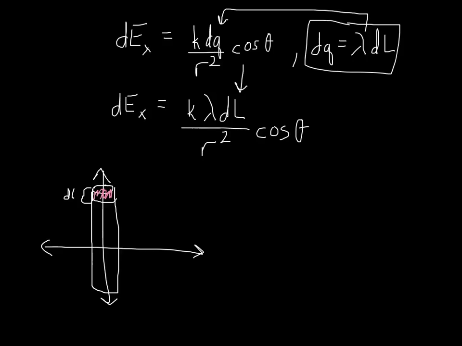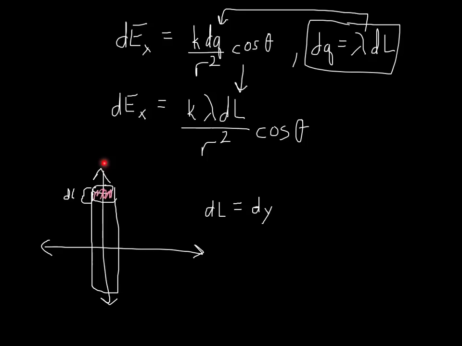So my dl is along a specific axis. The charge is distributed along this dl, so my dl in this case is along the y-axis, so that's just going to be dy, because that's where my charge is. My charge is distributed up and down along the y-axis. So my dl has to be dy.